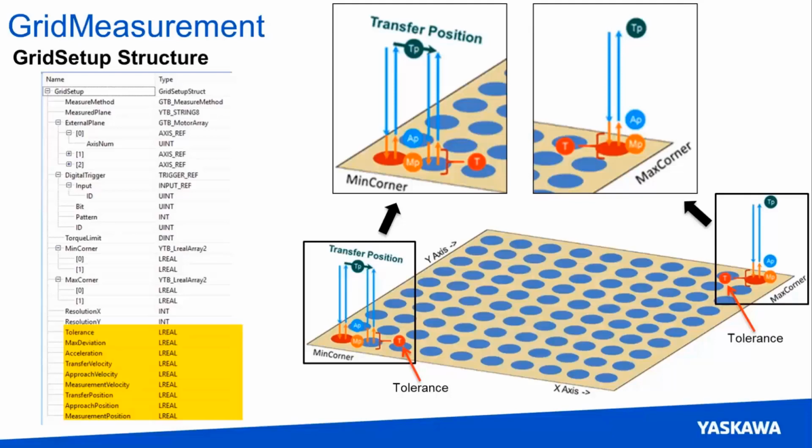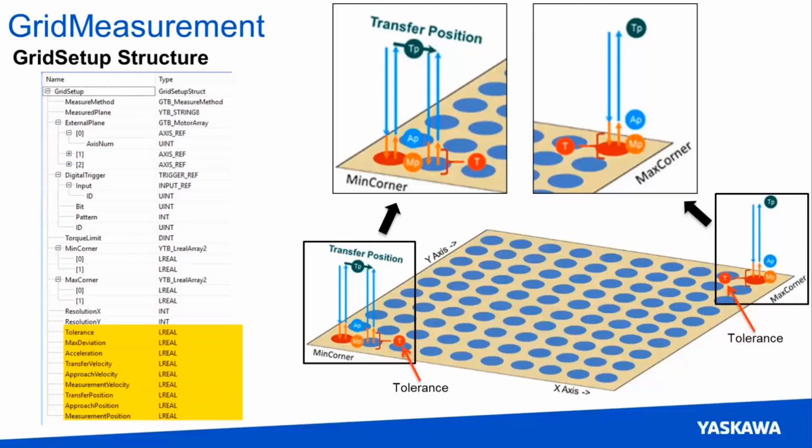The intermittent position is the approach position. So coming down from transfer to approach, you're at a medium velocity, whereas transfer would be high and measurement would be low. So you come down at a medium velocity, preparing to start waiting for your input to be triggered.